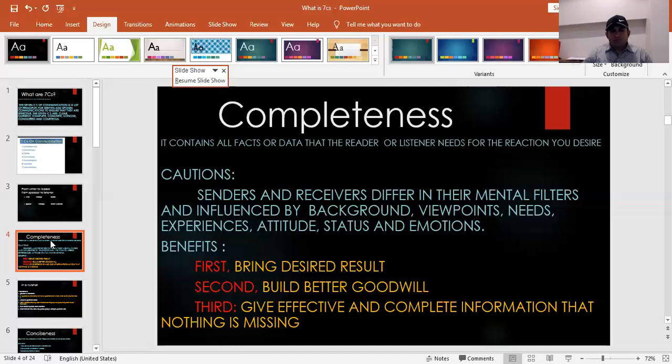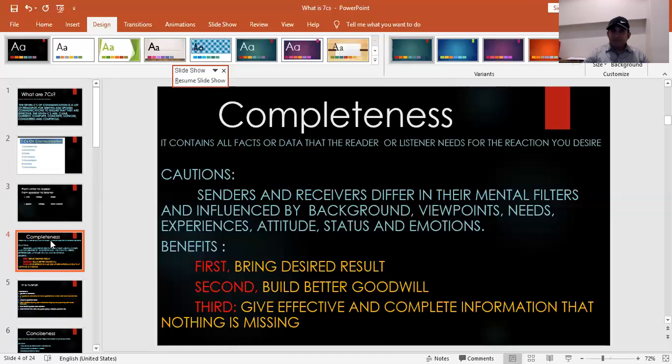And when you want to convey the message to the receiver, you will have to follow these three elements. Number one, bring the desired result. Every sender or receiver wants there to be desired results. The receiver wants desired results and the sender wants to give desired results.